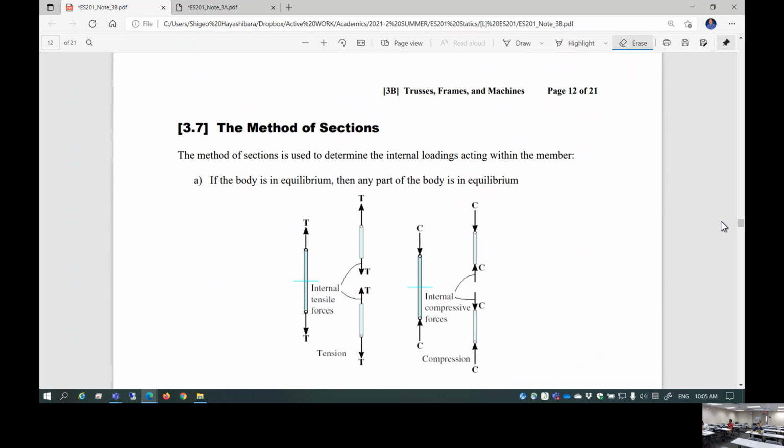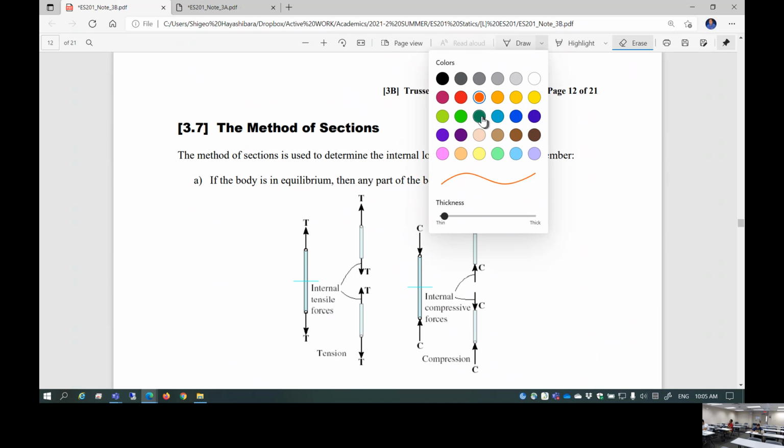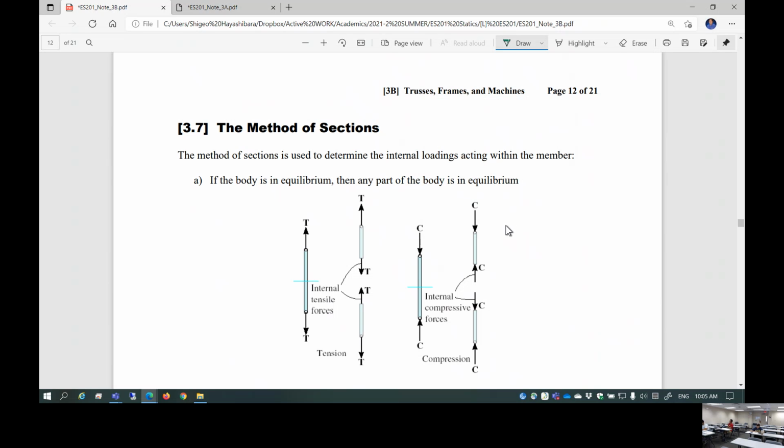Okay, so now you are going to get into the method of sections. Method of sections, like I said, is a very effective method, and of course, my favorite. Rather than going for method of joints, one joint at a time at all joints, this is a very classic statics solution. Because you're a statics student, that's probably the more appropriate solution to begin with.